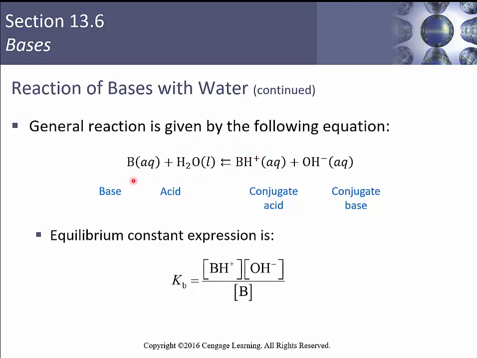So your base is going to pull a proton off of water to form the conjugate weak acid, and you're going to be left behind with a conjugate base, but that conjugate base is hydroxide, which is a strong base. So we can write an equilibrium expression for this, and we're going to call it Kb because it's a base, and our Kb is going to be products, the conjugate acid and hydroxide, over the reactant, the base.